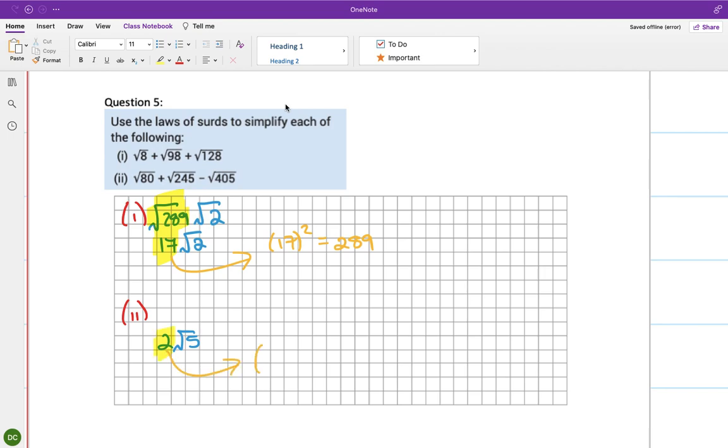So we square the 2, which gives you a 4. So I put the square root of 4, square root of 5. Okay, and again, if you double check the square root of 4 on your calculator, you get 2. And that is worth 8 marks, 4 and 4. Okay, perfect.